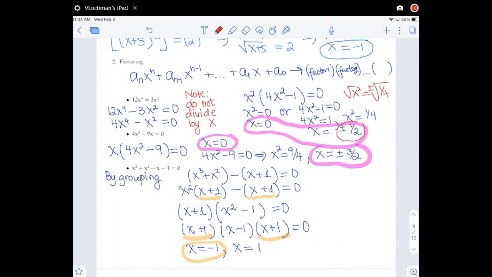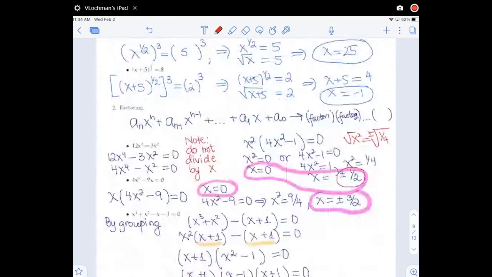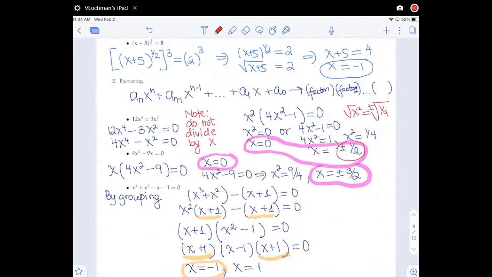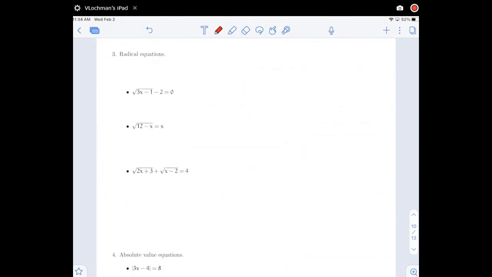Okay. Factoring is done. Let's see what's next. So we've done rational exponents and factoring of expressions that are not quadratic, right? The next type is radical equations. Probably most students' least favorite type in this section, but that's all right.